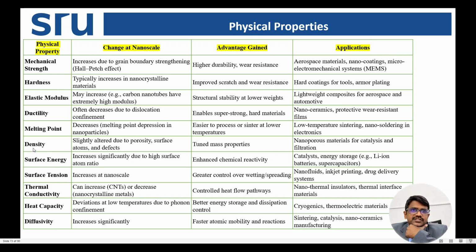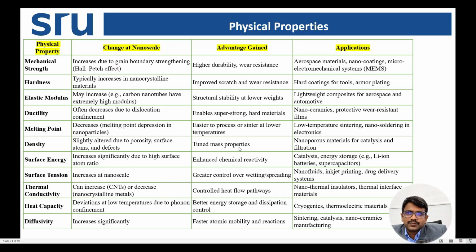And then density. It is slightly altered due to porosity, surface atoms and defects. Out of the four dimensional materials, which has more porosity? Usually three-dimensional materials. Usually 3D materials have more possibility of a porous structure. Because of this porous structure, the density is changing, slightly altered due to porosity.